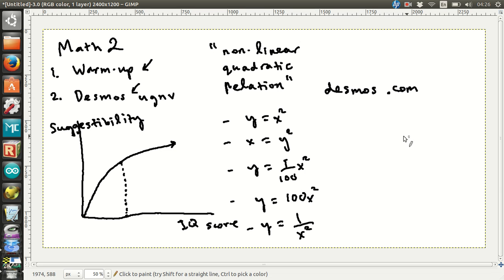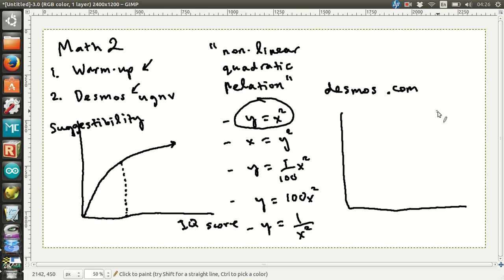If you prefer to do it by hand, which is also perfectly fine, the way to do this by hand, remember, I did this one for you by hand. The way to do it is to pick any x and to calculate the y and plot the point x, y. You're going to need about 4 or 5 points. For example, if x is 0, what is y? It's 0 squared. If x is 1, what is y?